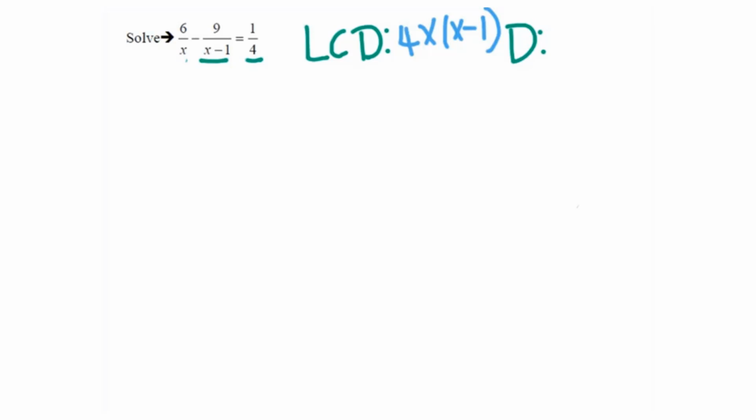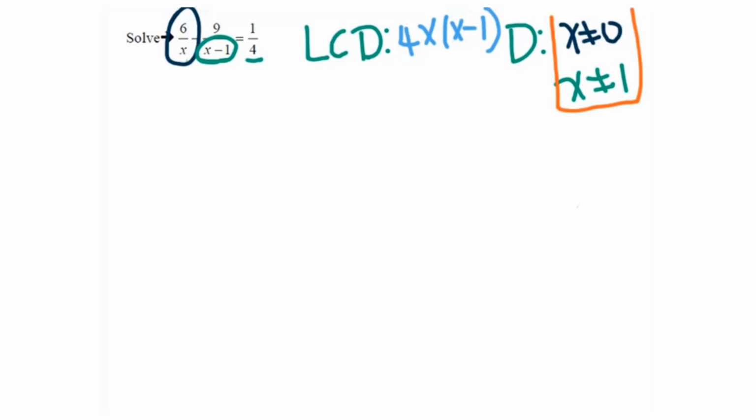First term, 6 over x. Denominator, that's x, means x not equal to 0. For second term, your denominator is x minus 1. That means x not equal to 1. This will be the domain.